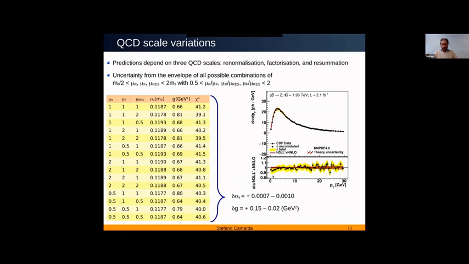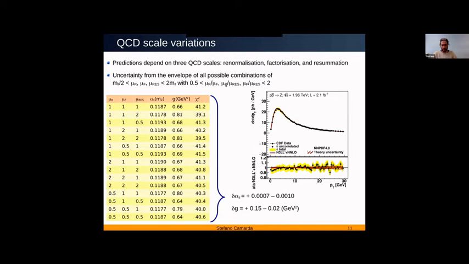Concerning QCD scale variations, these predictions rely on 3 QCD scales: renormalization, factorization, and resummation. So this particular type of resummation has basically all scales leading at near MZ, near real scales.